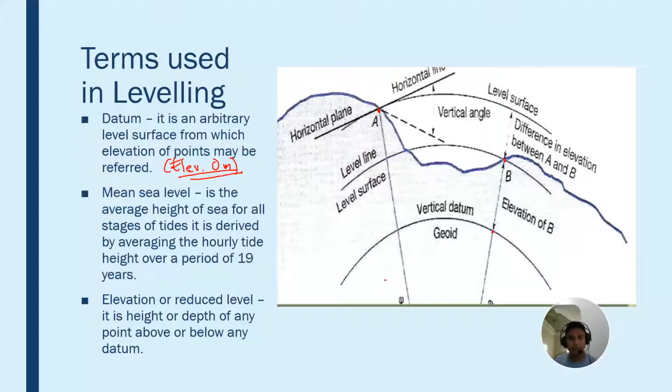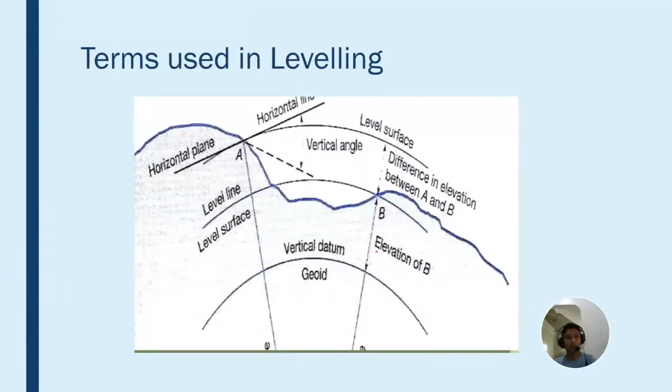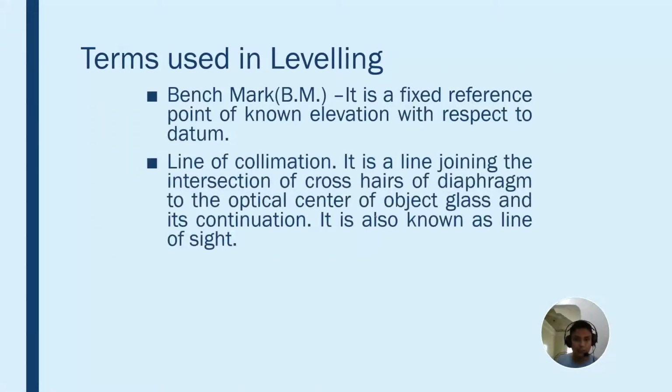So, yun na nga. If we have the stations, the value of the difference, or the value of the height from the datum to that station, is what you call the elevation. So, other terms used, we have benchmark, or a fixed reference point of known elevation with respect to datum.